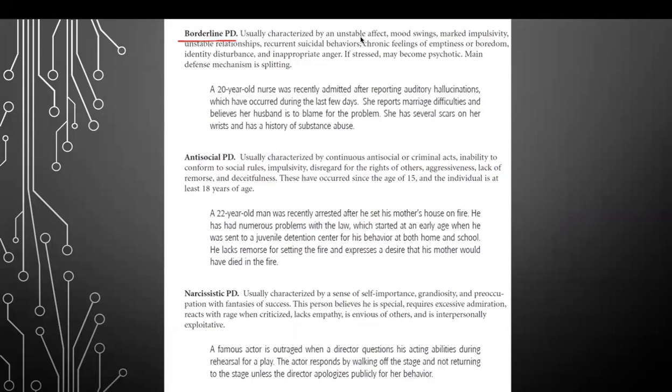Next is borderline personality disorder. Now, borderline personality disorder is one of the most important ones out of anything that we are discussing now. Borderline is common in females, not very common in males. They have some specific diagnostic criteria.